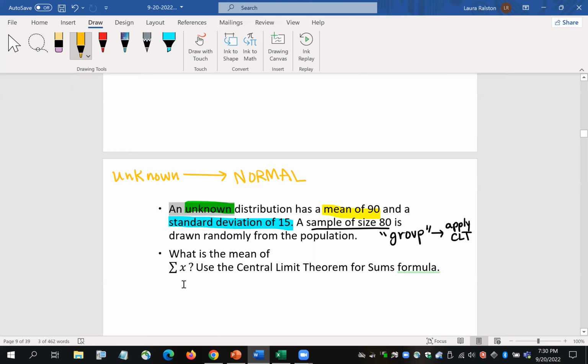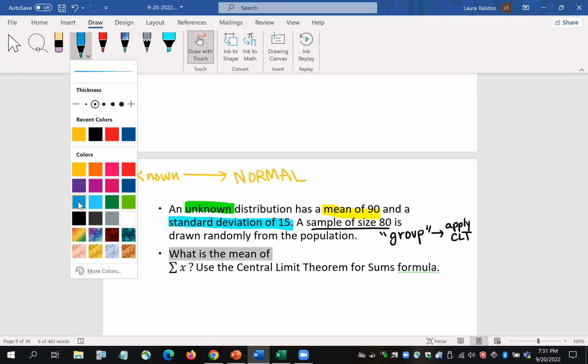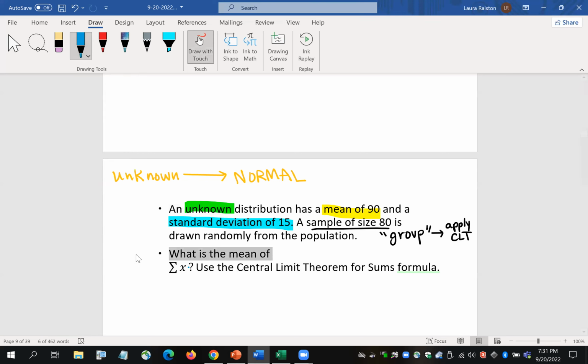And the way the question is worded, like on your homeworks and on your quizzes, and on the midterm, it says, what is the mean of sigma x? And remember, I just told you that this notation means sum. So what is the mean of sum? But then it also emphasizes you want to use the central limit theorem for sums formula.